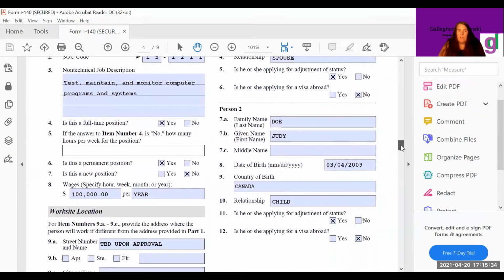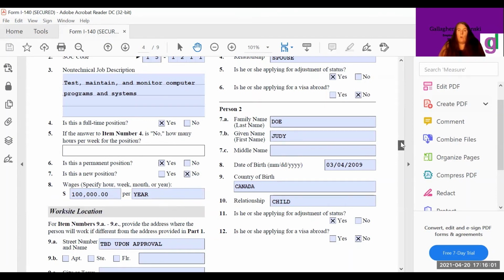Okay, it should be a full-time position. So yes, permanent, yes, new, no, because you should be showing you're well-positioned to do the job, right? Because it's a national interest waiver, it should not be a new position. It shouldn't be a new career. And then the wages, I just put what they made last year.